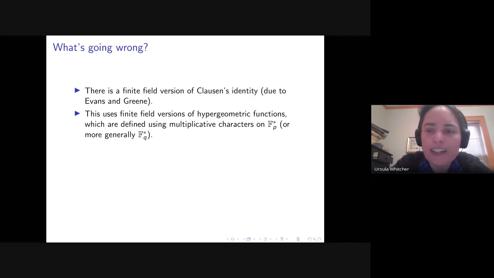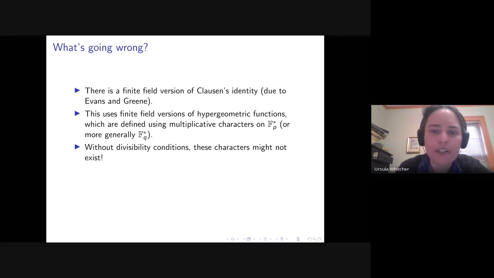We've been thinking here just over fields of order P, but more generally, multiplicative characters on fields of prime power order. And if you don't set some kind of divisibility condition on your field, on your prime, then you might just simply not have the characters, and therefore you might not be able to convert what you know about classical hypergeometric equations over to the finite fields that we're really interested in.